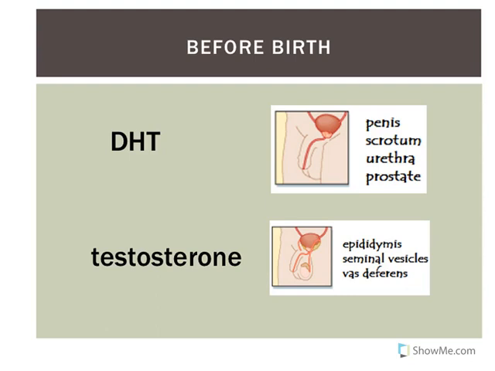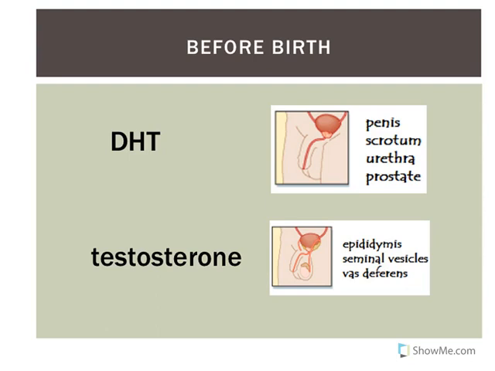Before birth, during embryogenesis and fetal development, both DHT as well as testosterone are necessary. Testosterone is needed for help with the development of the epididymis, the seminal vesicles, and the vas deferens.